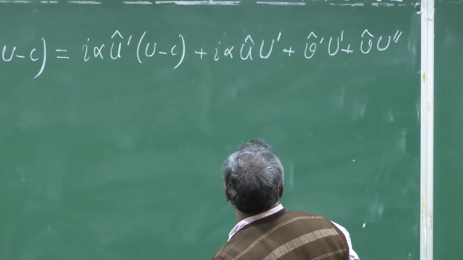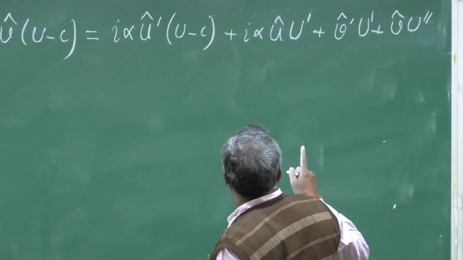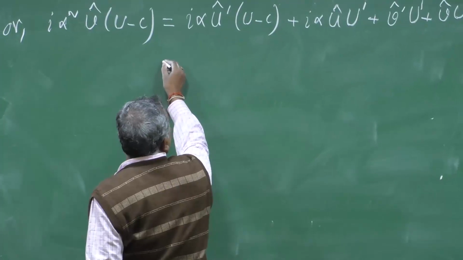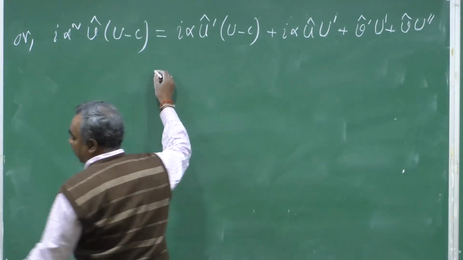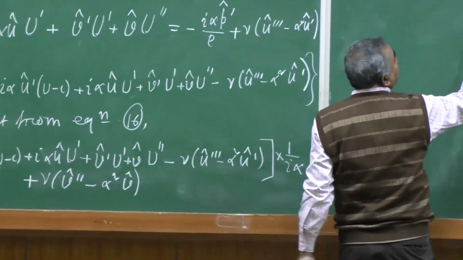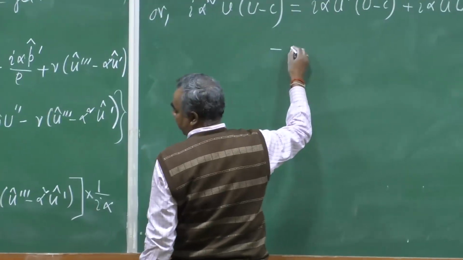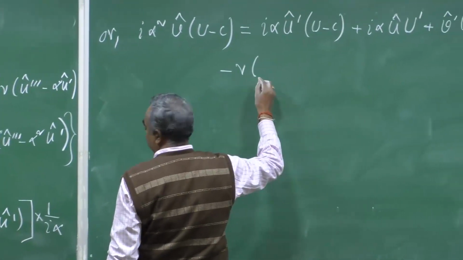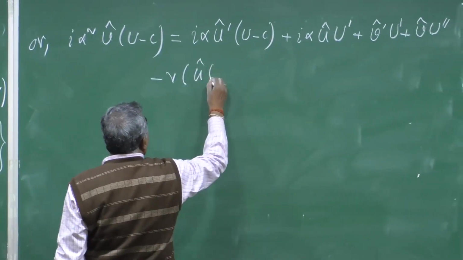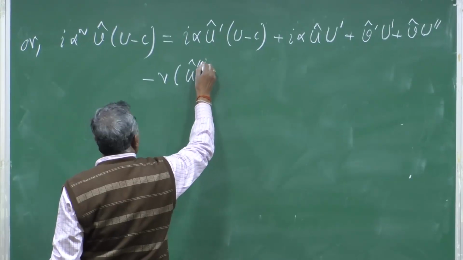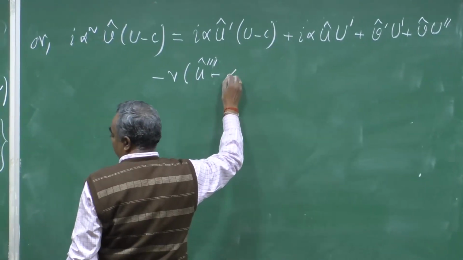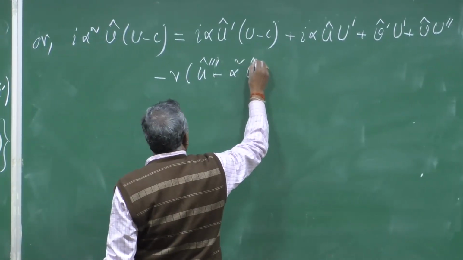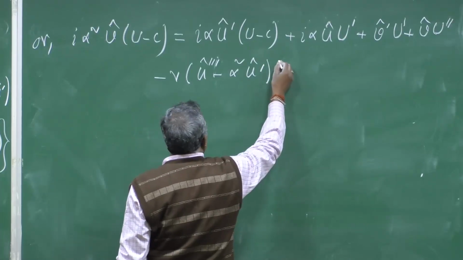Okay. So, there are other terms as well, not plus, this is minus ν u hat triple prime minus α squared u hat prime.